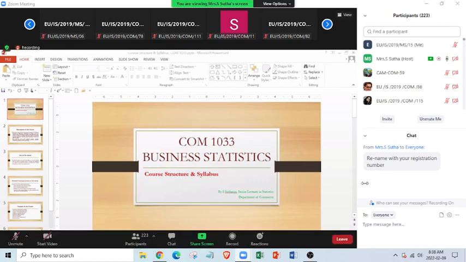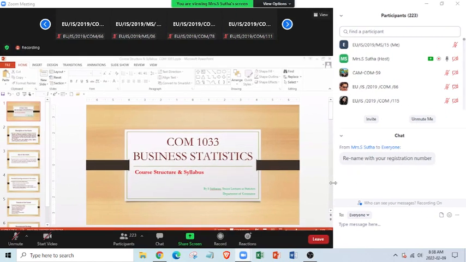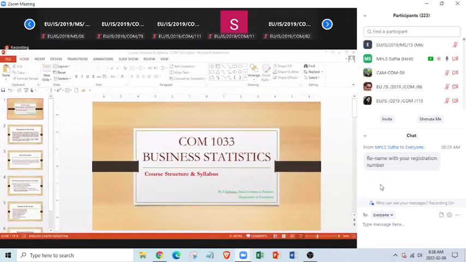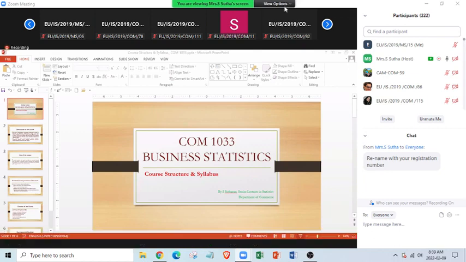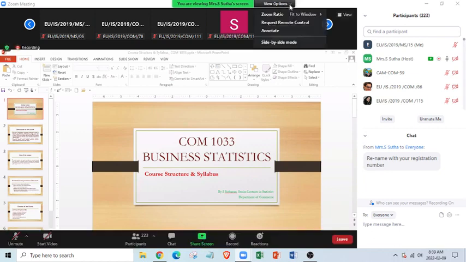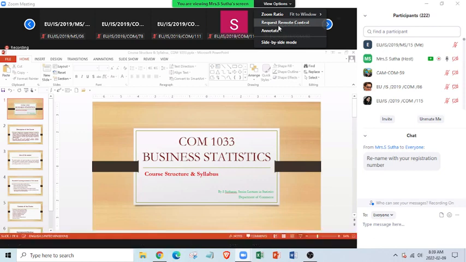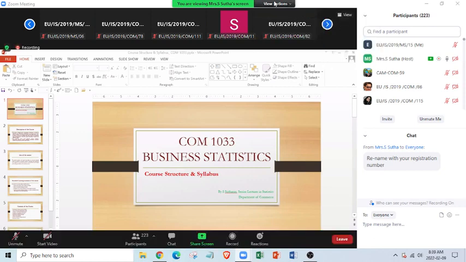So you have to perform the statistical methodologies, obtain the results, and then by using these results, you will also learn how we can make decisions for the problems. So these are the aims of the course.